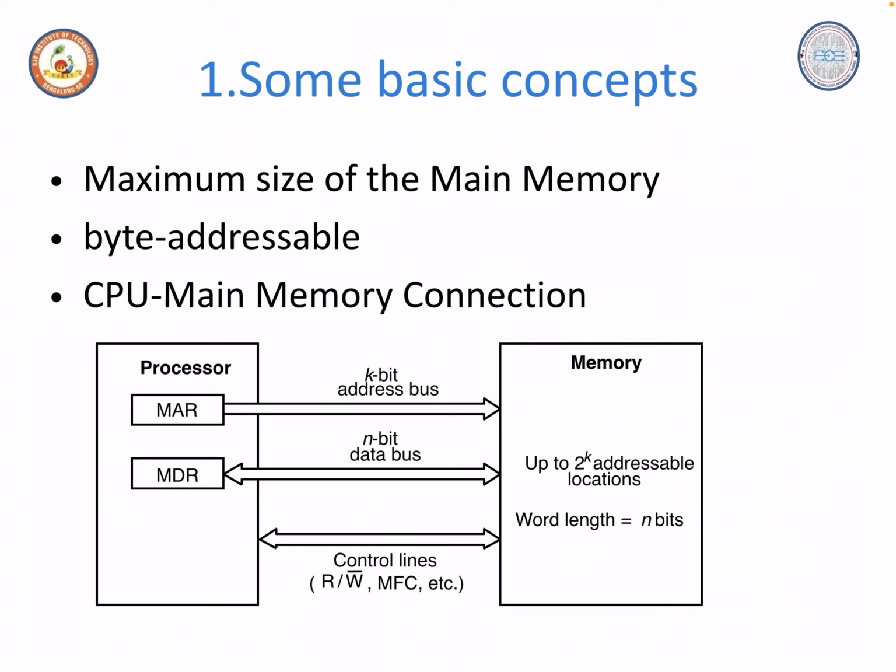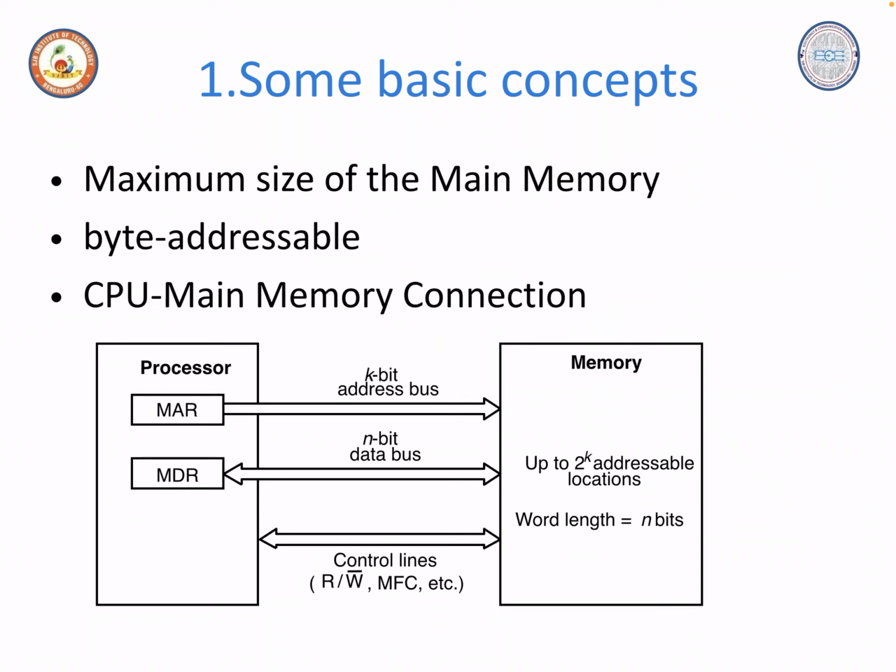Apart from address and data, you need control lines also, to indicate whether you are doing a read operation or a write operation on the memory, and control signals like MFC, which indicates memory function completed. That means whether the particular read or write operation you are doing is completed or not is indicated by the control signal called memory function complete, MFC.